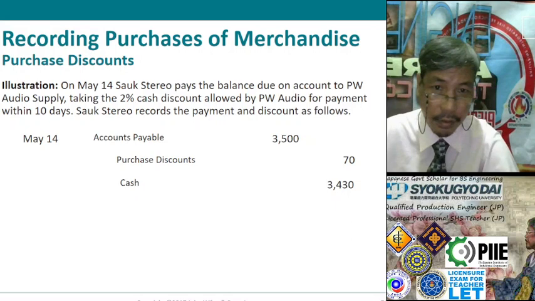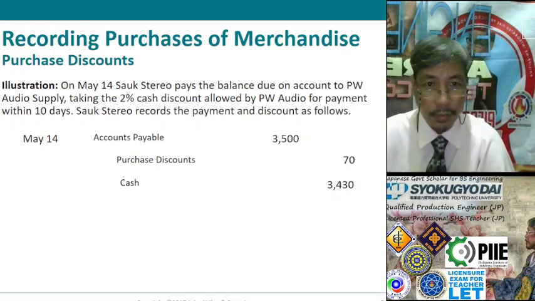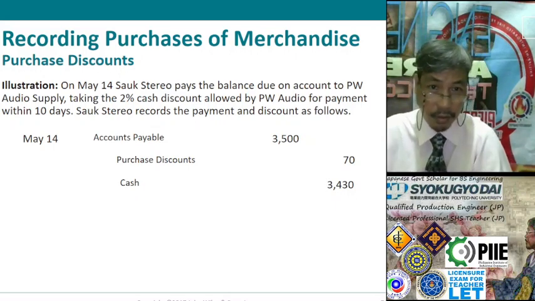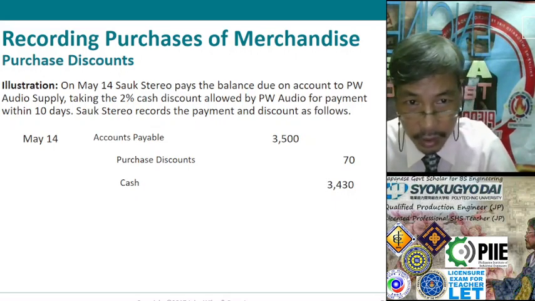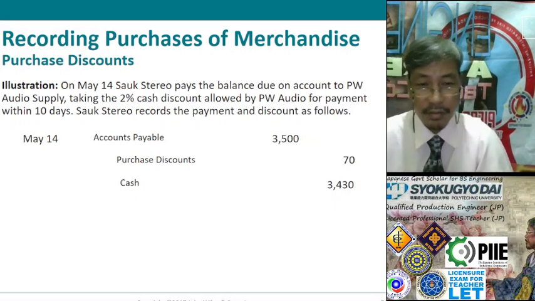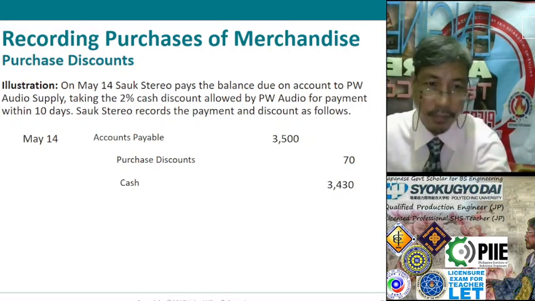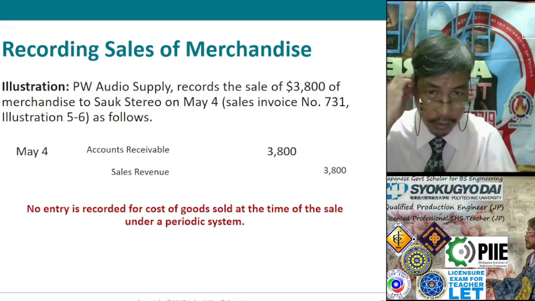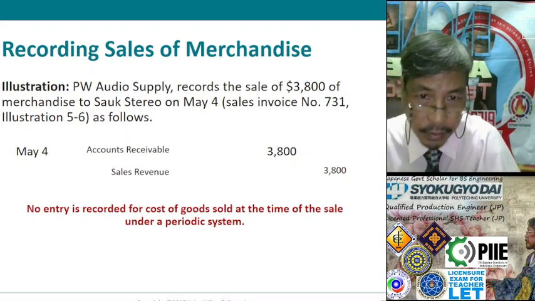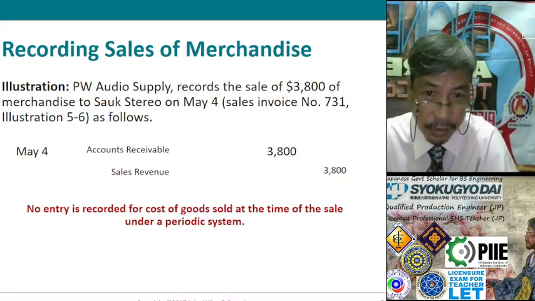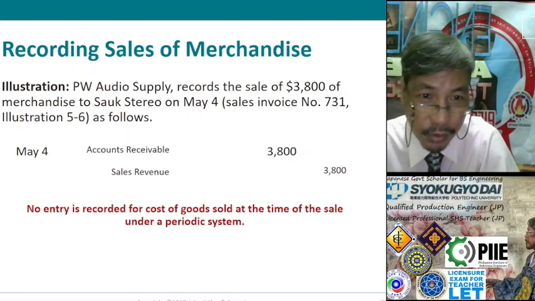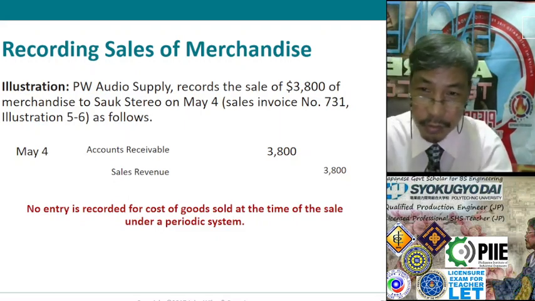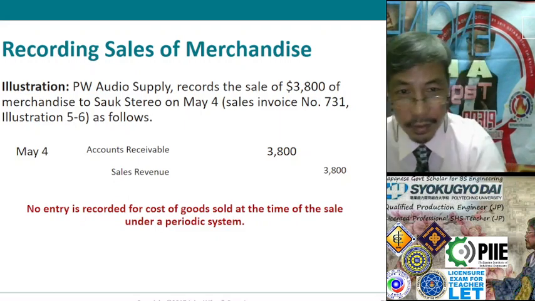Another example for recording purchases of merchandise with purchase discount: accounts payable, purchase discount, cash. And recording sales of merchandise: accounts receivable, sales revenue. No entry is recorded for cost of goods sold. That is for computation. Cost of goods sold is for computation at the end of the accounting period.